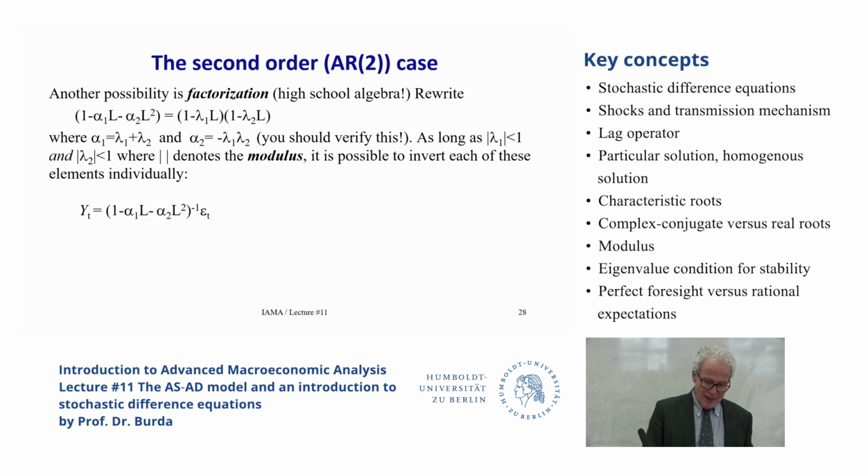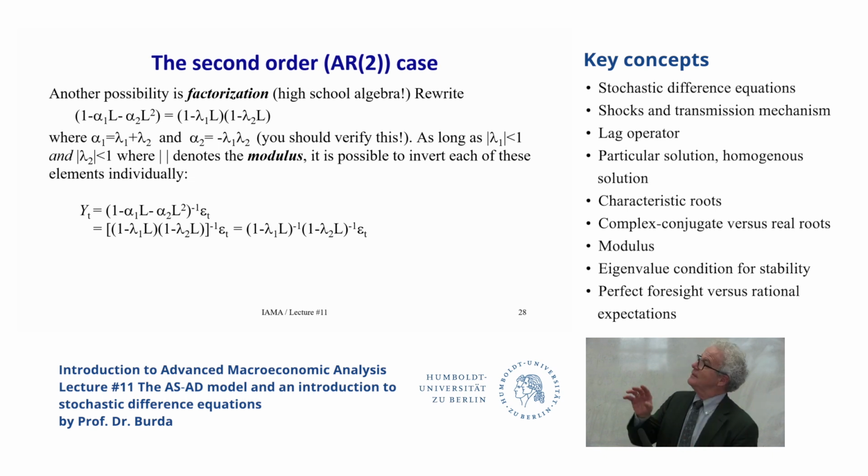So look, if I can write this inversion in a factorized way, I've got two individual inversions, because the inverse of the first term is equal to the product of the inverses of the second. And I can think of each one of those as hitting the shock. So I get the geometric moving average, but I get it twice. I get a convolution. So that looks really, really complicated, but it's not.